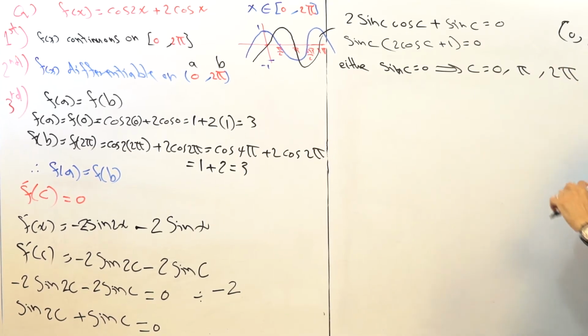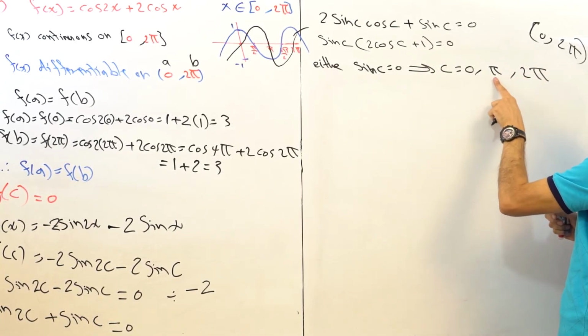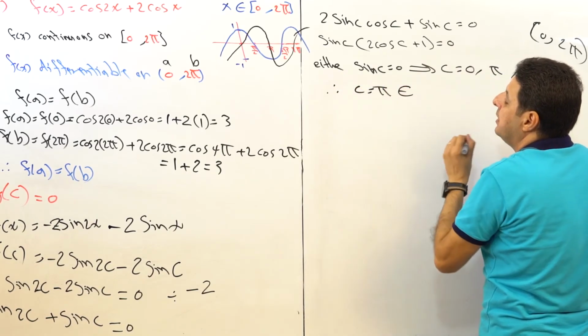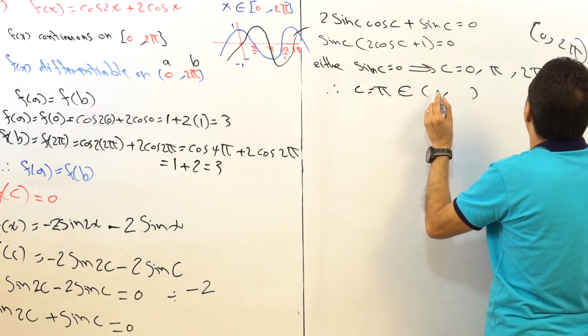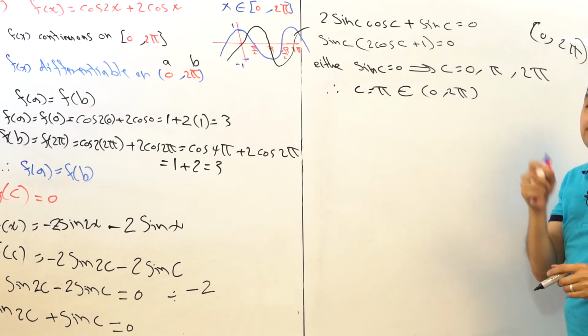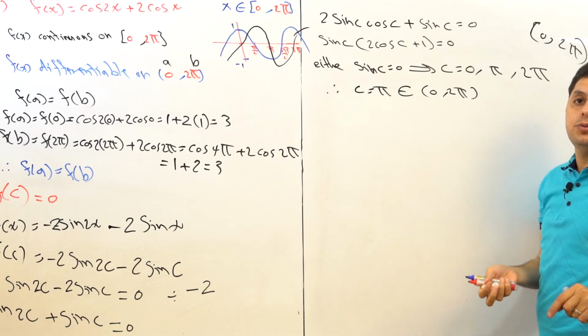Then c equals pi belongs to the open interval 0 to 2 pi. Only c equals pi belongs to the open interval.